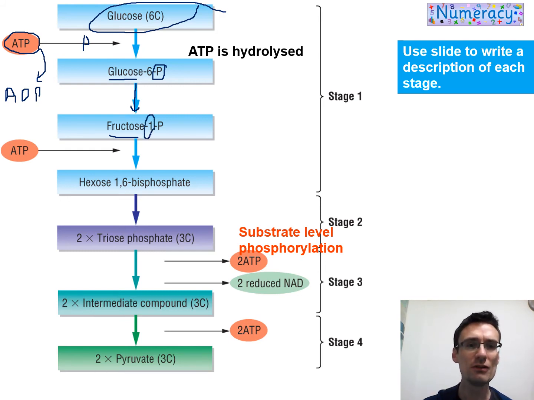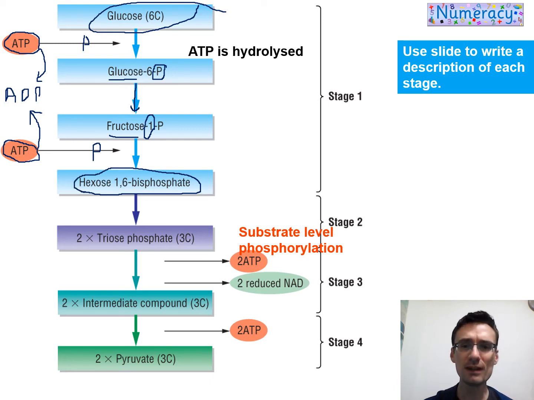They then use another ATP molecule, converting the ATP into again an ADP, and the phosphate goes in and it becomes a 2-phosphate structure, which you can either call fructose 1,6-biphosphate or hexose 1,6-biphosphate. Doesn't really matter, there's a couple of different names for it, so whatever name you've got in your exercise book and your textbook is fine.